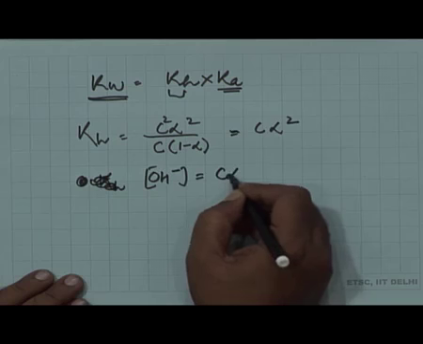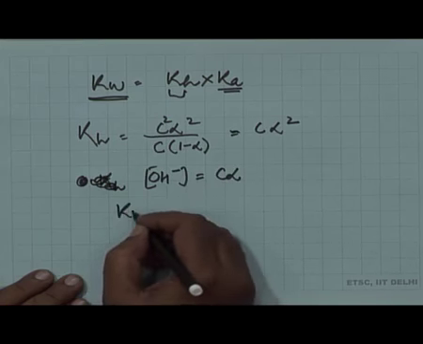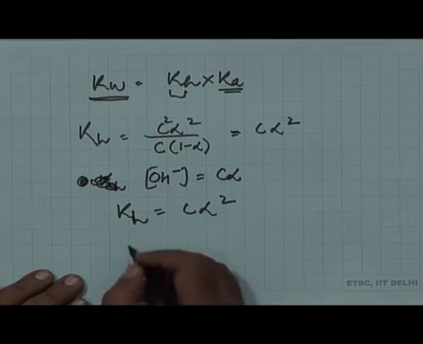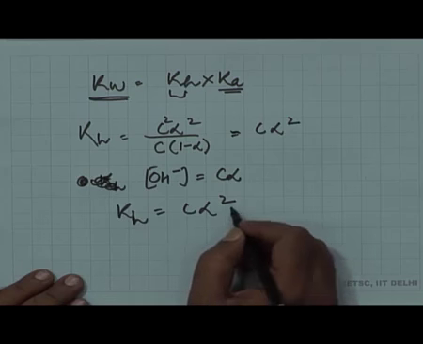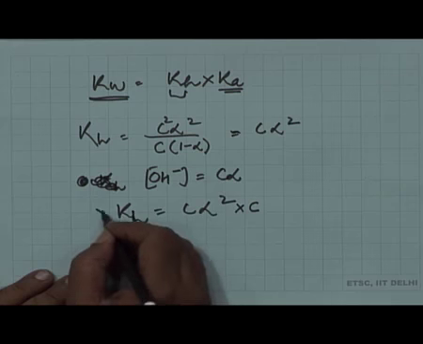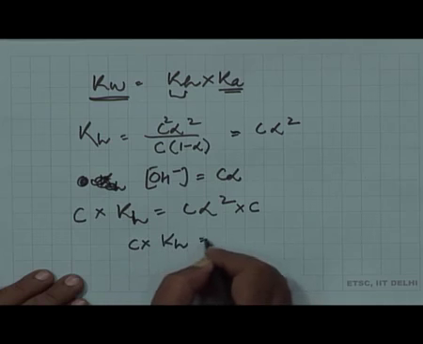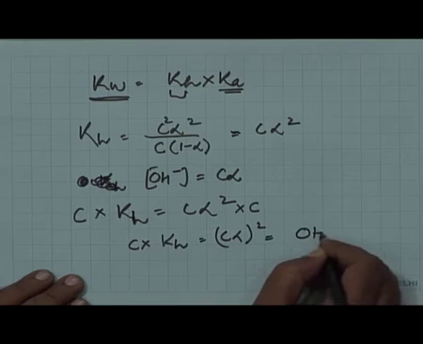Since OH minus is equal to C alpha, Kh is equal to C alpha square, and if I multiply both sides by C, C into Kh will be C square alpha square, which is OH minus square.